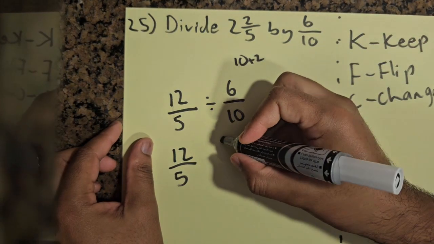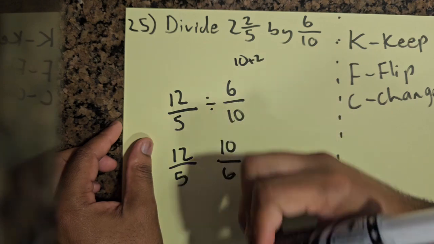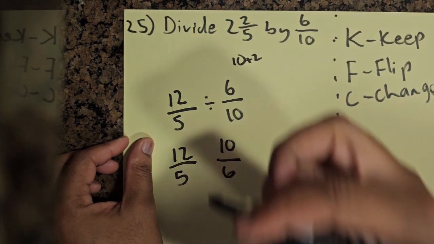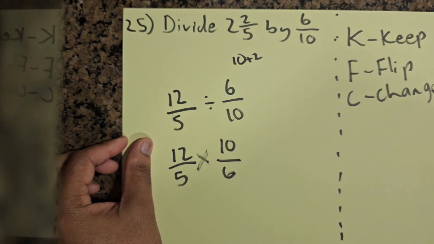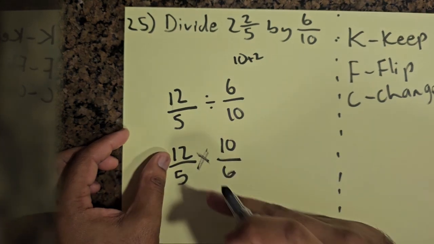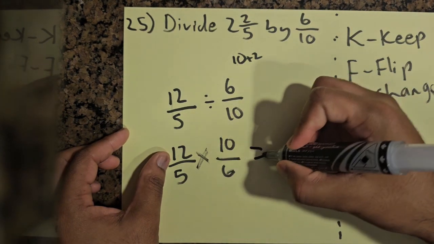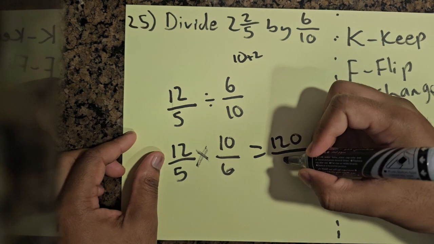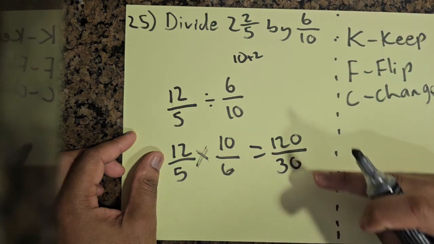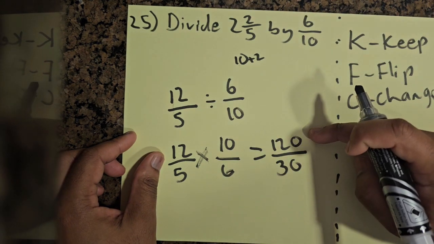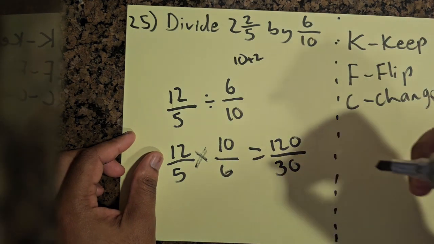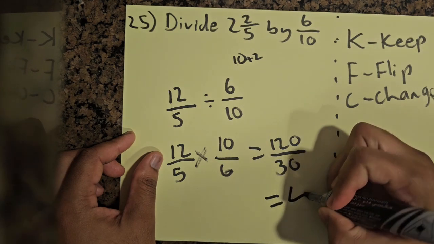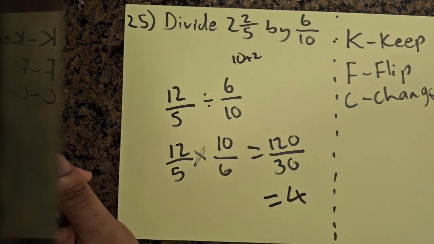So flip this, it becomes 10 over 6. And what are we changing? The sign from division to multiplication. And then 12 times 10 is 120. 5 times 6 is equal to 30. And then we can just do the division here. 120 divided by 30 is equal to 4. Finished.